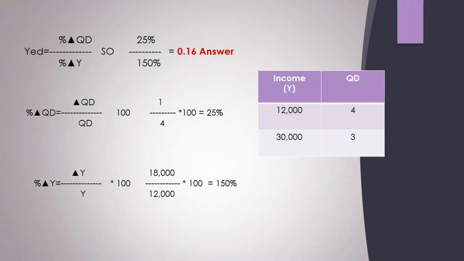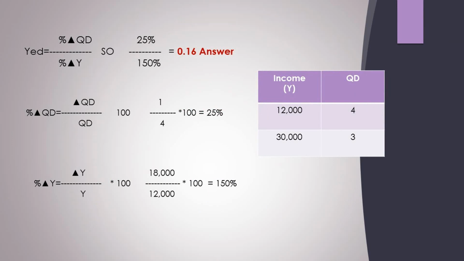We'll follow the same formula that we followed previously, the percentage method formula, but we need to change the term. The formula would be income elasticity of demand is equal to percentage change in quantity demanded divided by percentage change in income. So we'll calculate the same way as yesterday. First we'll calculate percentage change in quantity demanded, then percentage change in income, and then plug in the values.